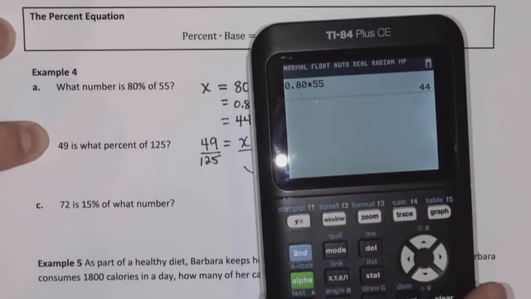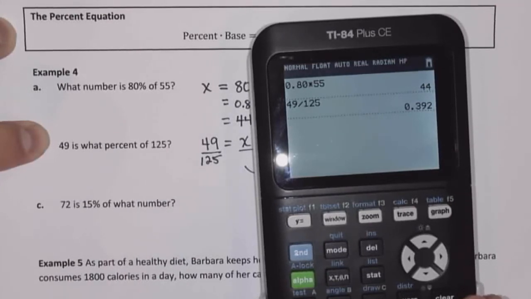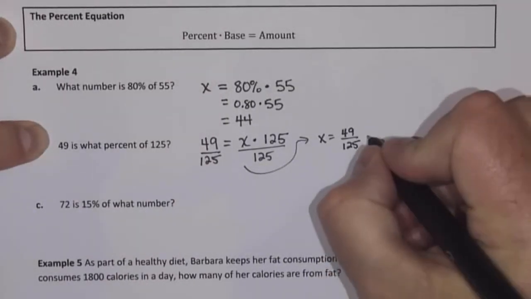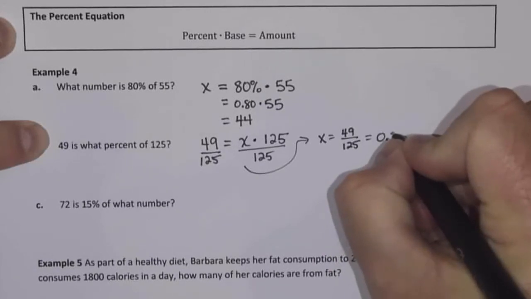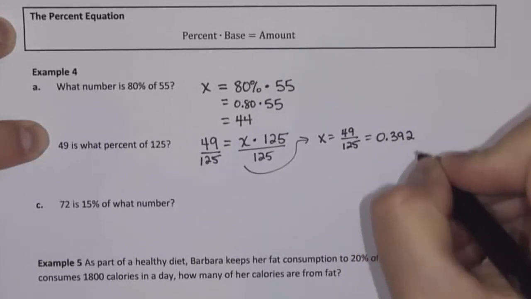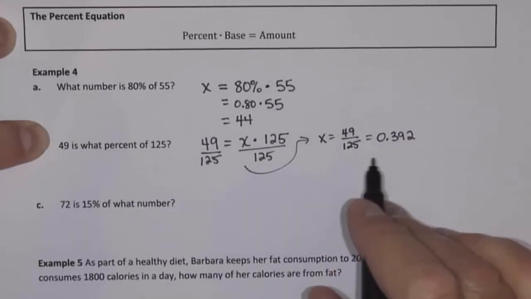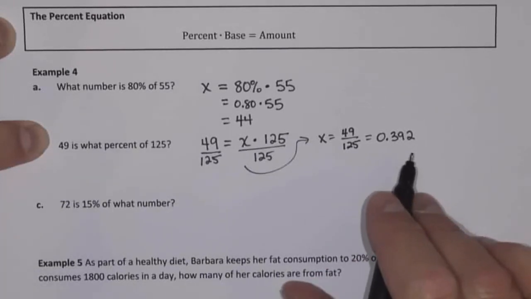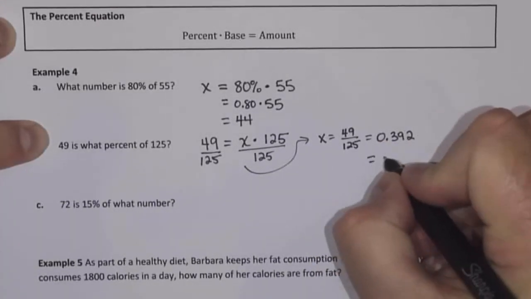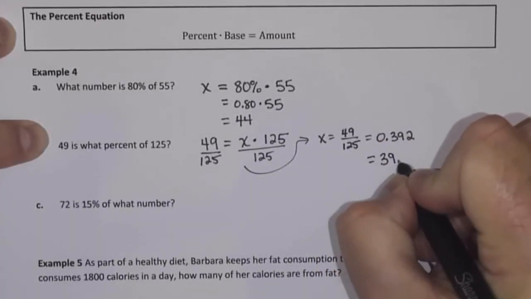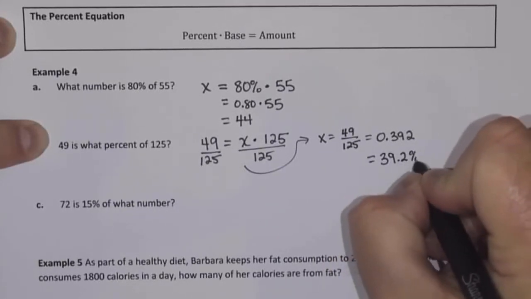If I pull my calculator back in, 49 divided by 125 is 0.392. But we want that as a percent, and currently this is in decimal form, so this would be 39.2%.